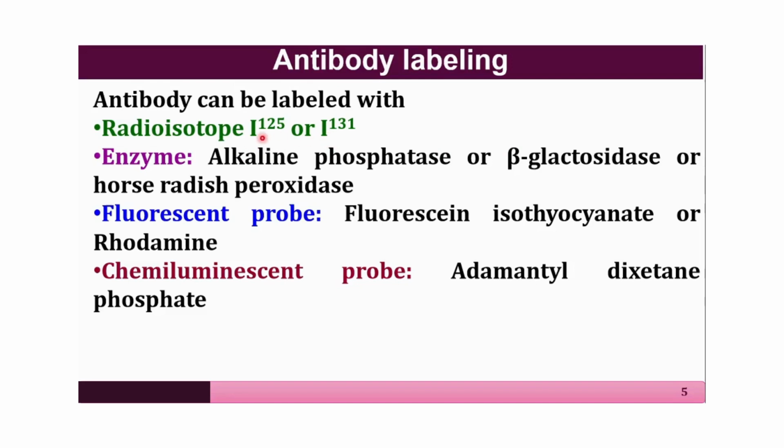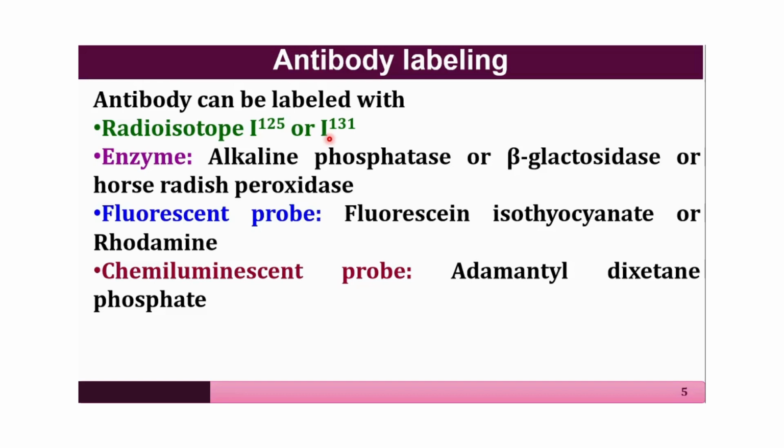Iodine isotope 125 or iodine 131 isotope is used. It is capable of recognizing the tyrosine residues in the antibody and readily binds to them without any complication.